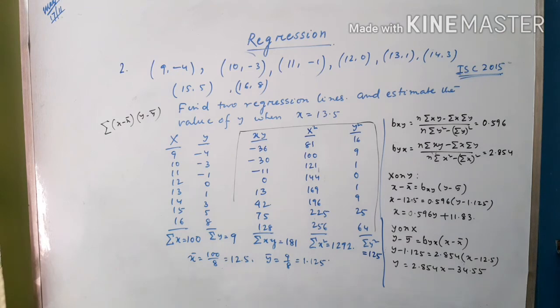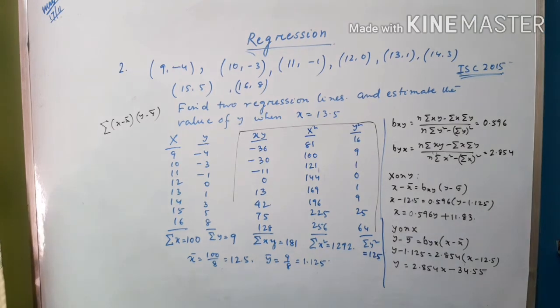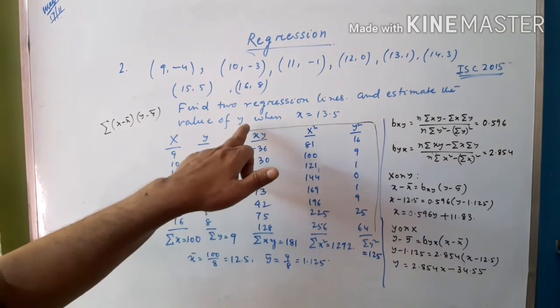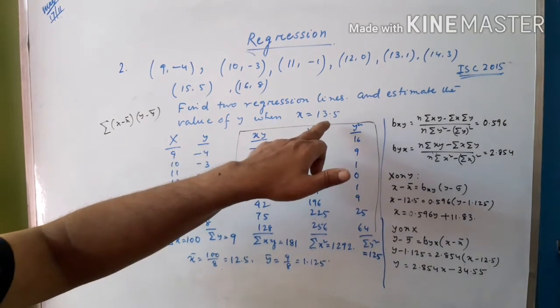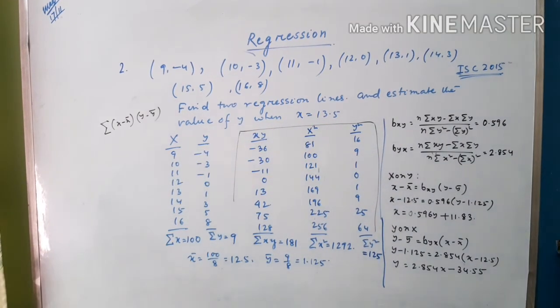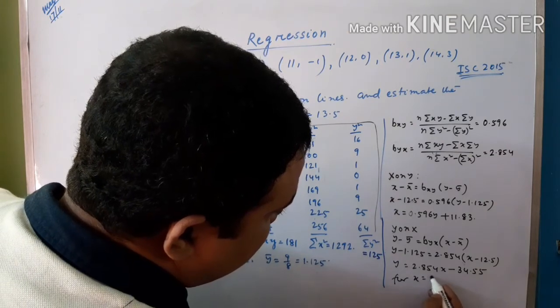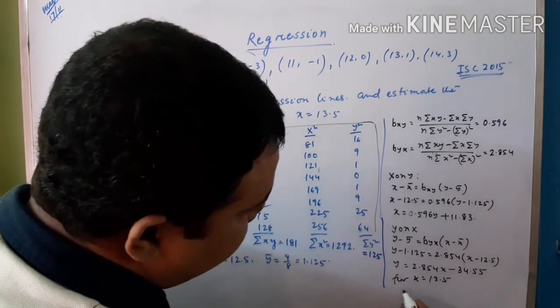Now the last part of the question is to find the value of y when x equals 13.5. That means y is to be estimated based on x. Clearly you can see that: find y when x is 13.5. That means y is to be estimated based on x. So in this equation we put x equals 13.5.